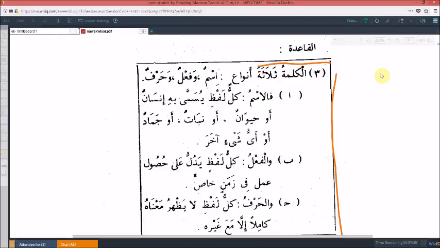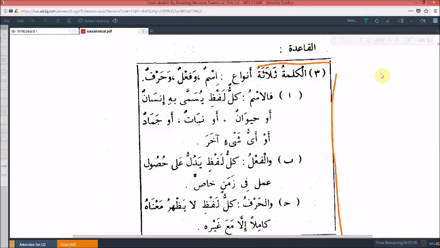Nouns, verbs, and particles. Ism, asma. Fi'l, af'al. I'm doing the singular and the plural. Harf, huruf. There's nouns, there's verbs, and there's particles. There's no fourth category. Only these 3.